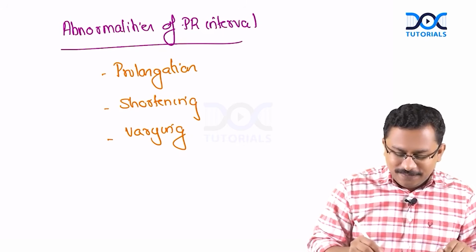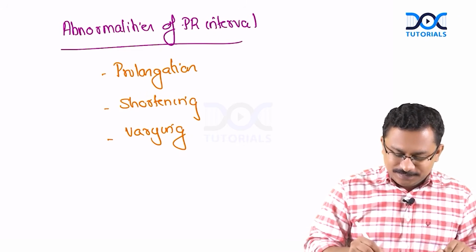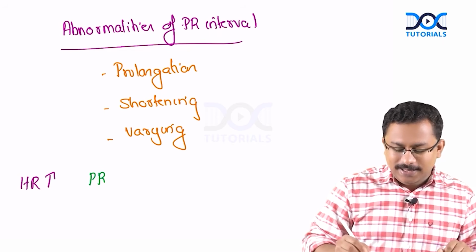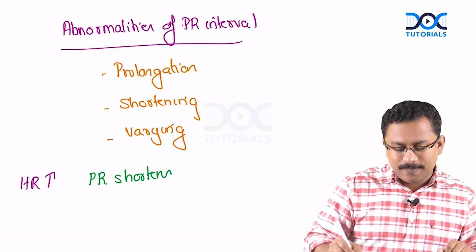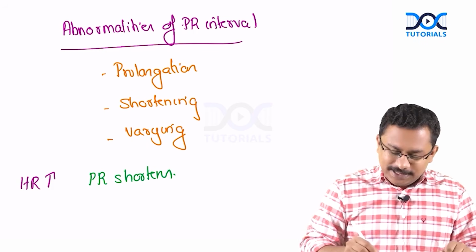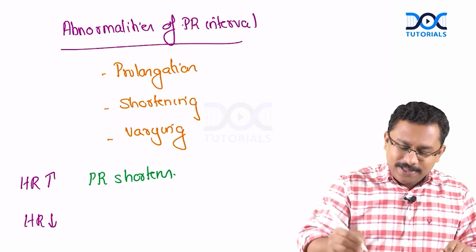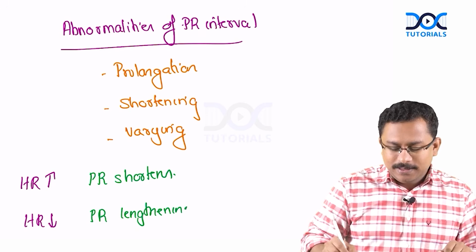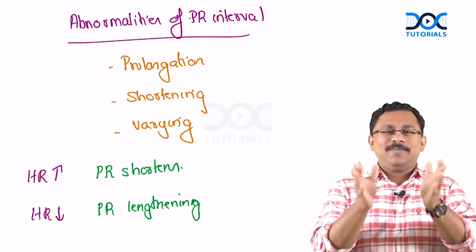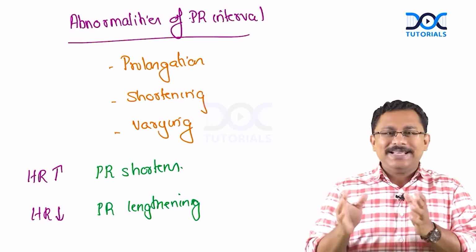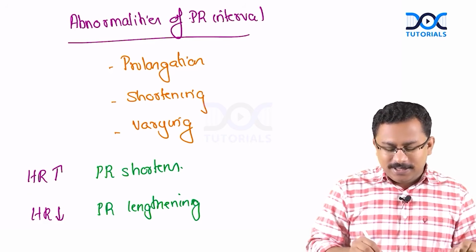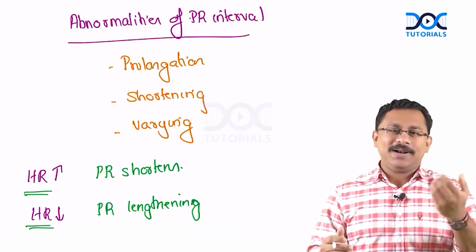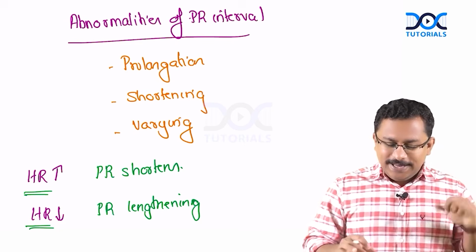If the heart rate increases, the PR interval shortens, whereas if the heart rate decreases, the PR interval can lengthen. Remember, this is within the normal limits of 120 to 200 milliseconds, in tachycardia or when the pulse rate is on the lower side.